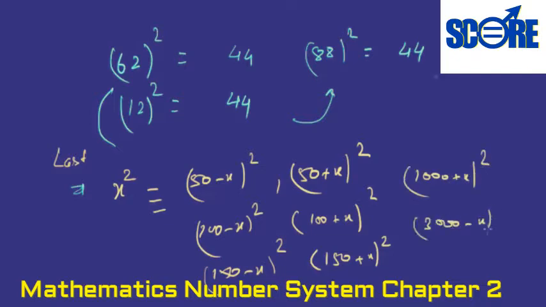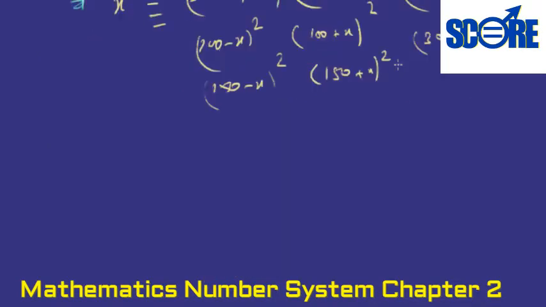For any multiple of 50, plus or minus x, the last two digits of the square are the same. So 62 is 50 plus 12, therefore the last two digits are 44. 88 is 100 minus 12, so again 44.